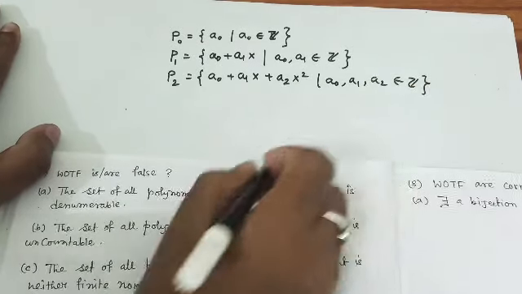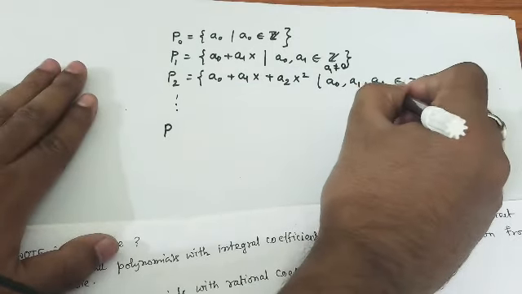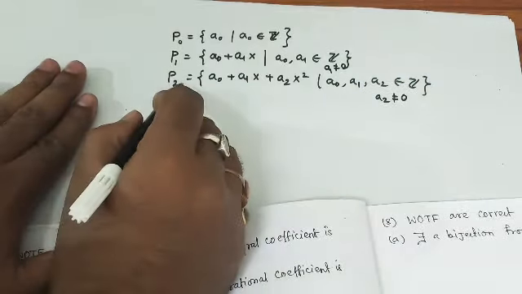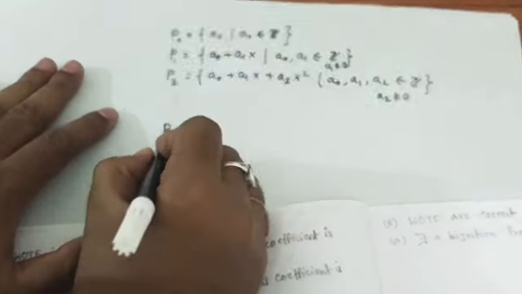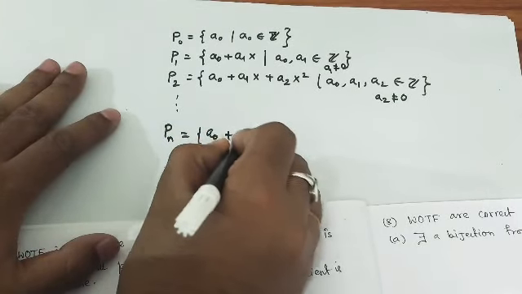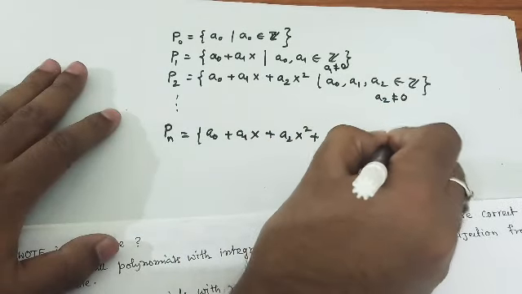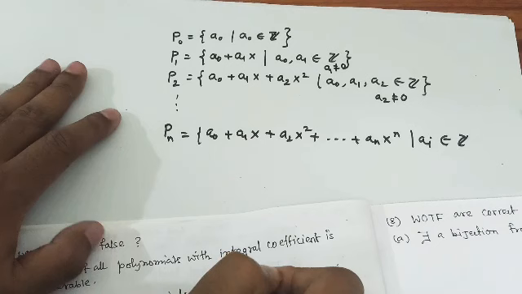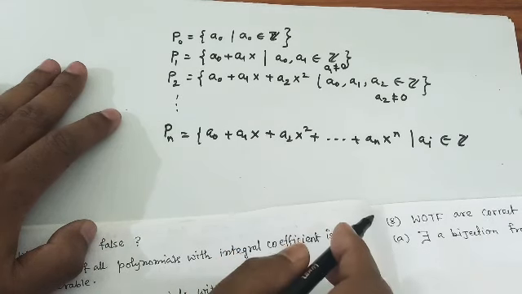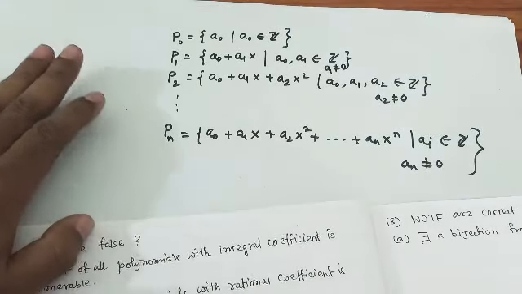Obviously here a1 should not be equal to 0, and here a2 should not be equal to 0. This is the set of all polynomials having degree 2, this is having degree 1, and this is for all constant polynomials. Similarly Pn will be a0 plus a1x plus a2x squared up to anx to the power n, such that all the ai belong to Z, because the coefficients are integers, and an not equal to 0. This is a necessary condition.